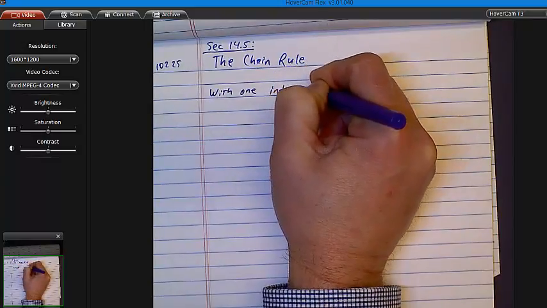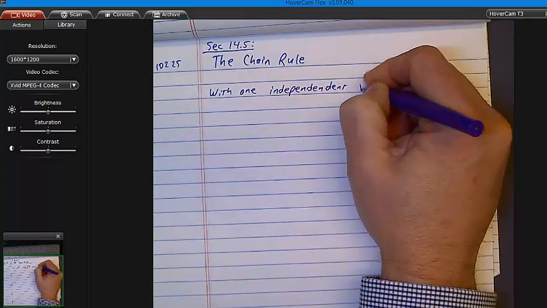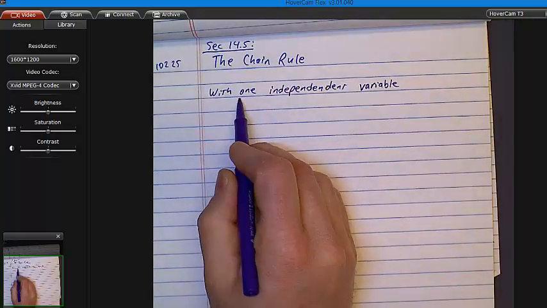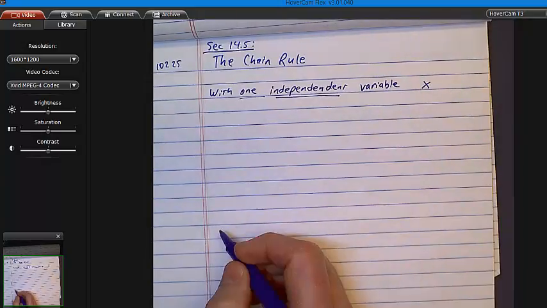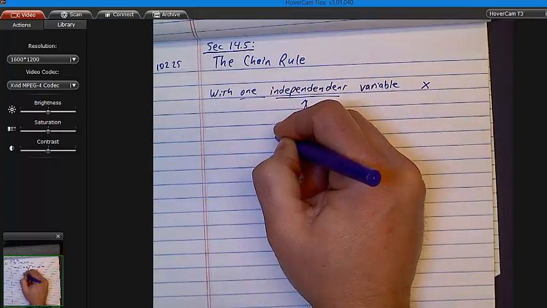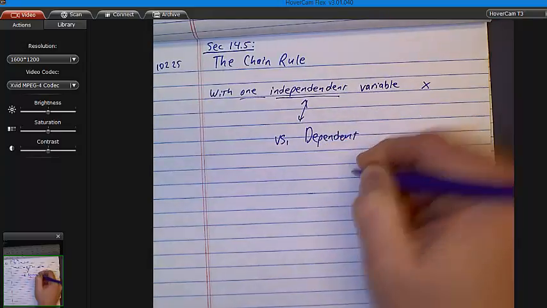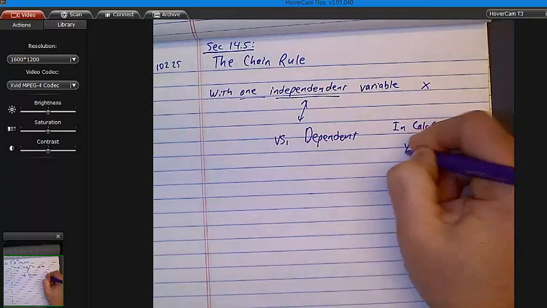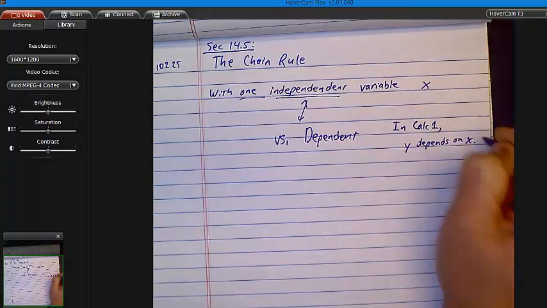That's right. When we say with one independent variable, that's just x, right? But then when we say with multiple, I guess the opposite of independent is dependent, right? So in Calc 1, y depends on x.